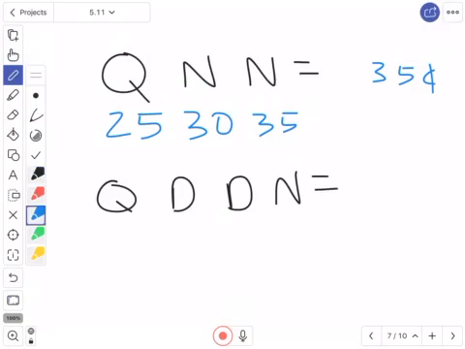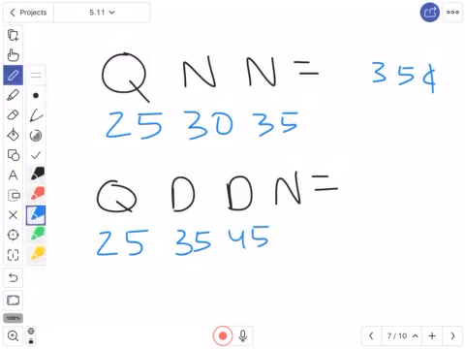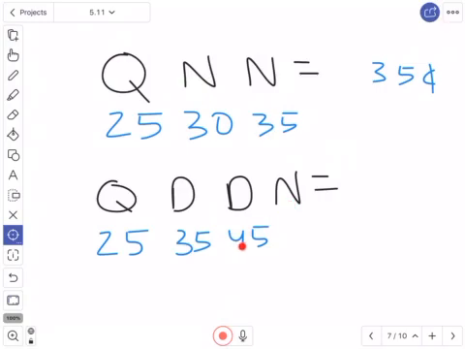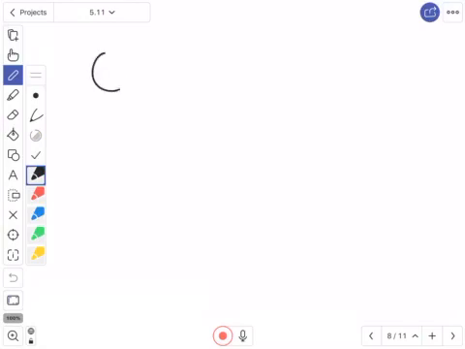Quarters are 25, dimes are 10, so I count by 10s. It's just my tens place that's going to go up. So 35, counted by 10 still. 45, now counting by just 5 though. 50 cents.